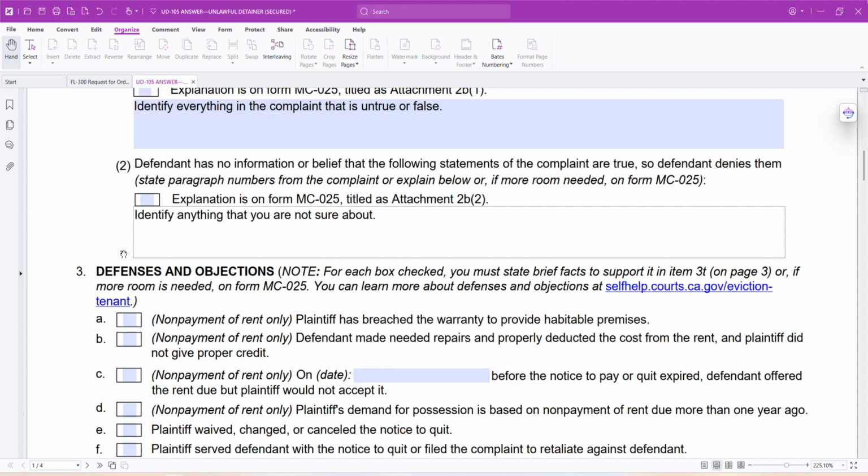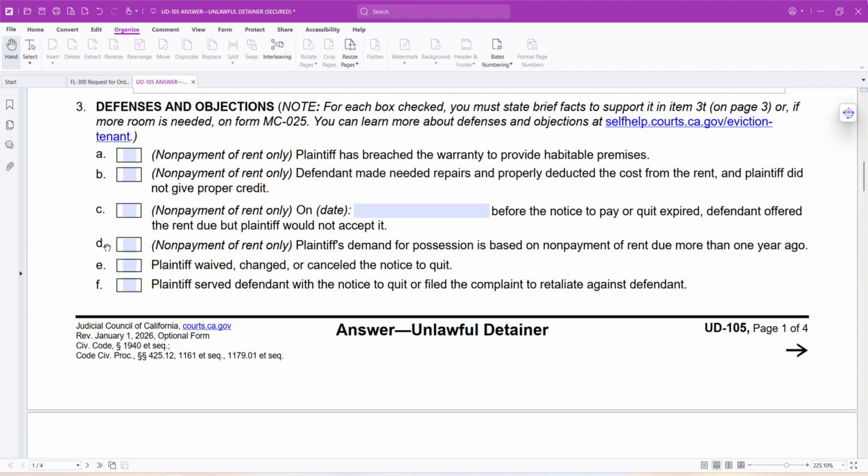Okay, once that part is done, it starts here under number 3, where it offers you hard-coded boxes for you to check to match what your situation is.